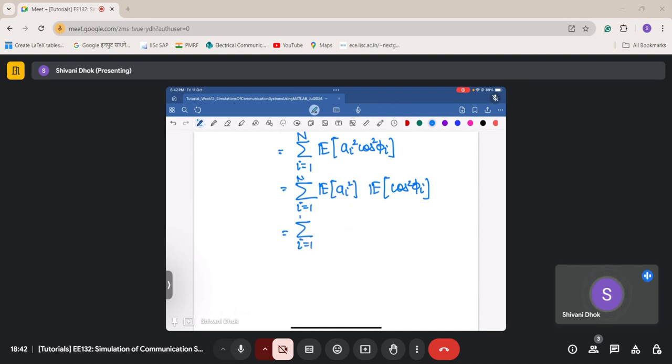Expectation of ai square into integral 0 to 2 pi 1 over 2 pi cos square phi i, that I can write as 1 plus cos of 2 phi i by 2 d phi i.